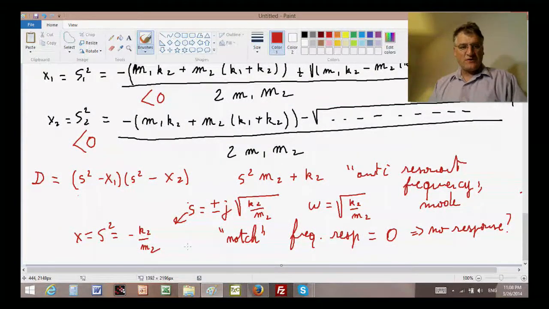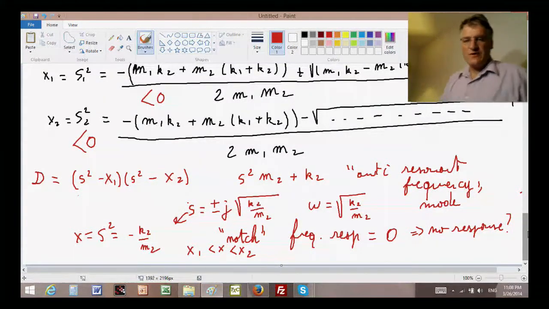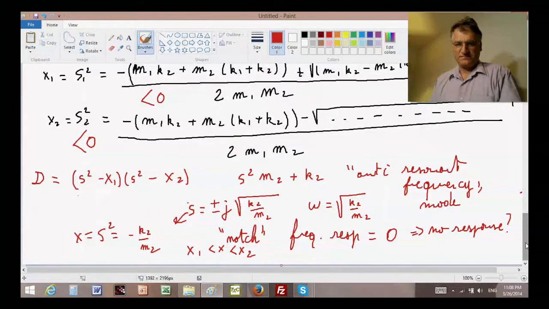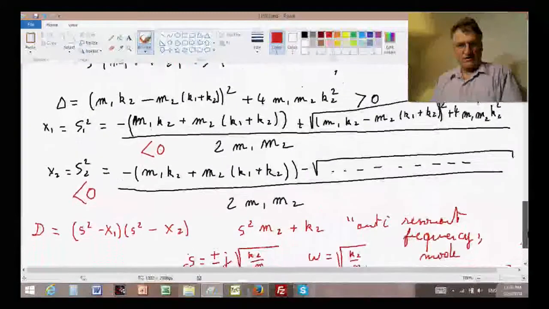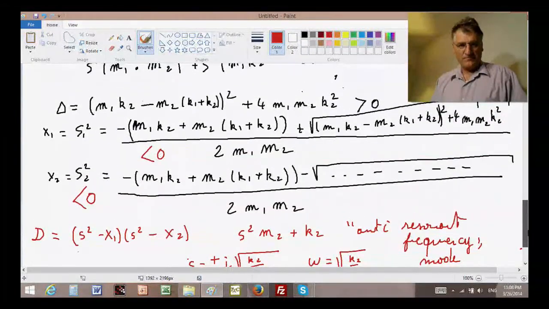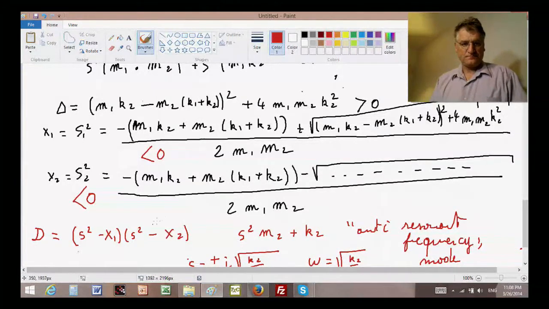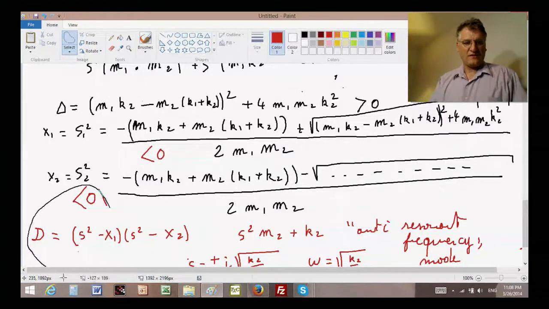If none of my calculations are wrong, we should have X1 less than X less than X2. Now you're going to tell me why all this mess? And my response would be because it's good. So what I want to do is first compare X1 and X.